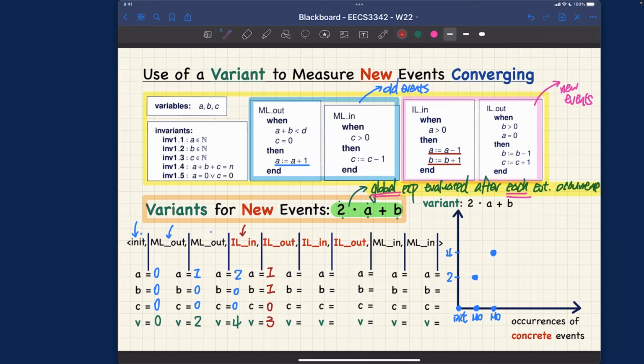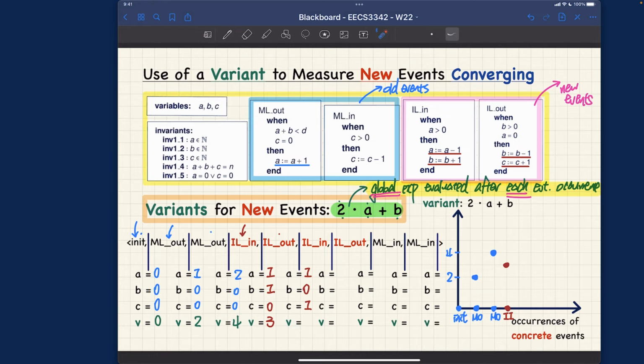You can see after the first occurrence of ILN, the value will be decreased to 3, over here. And what about the second one? What about IL out? IL out, by definition, is going to decrement the value for B and increment the value for C. A remains unchanged, B is decremented to 0, C incremented to 1. What about the value for variance?